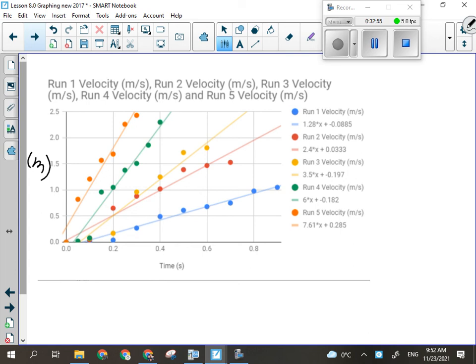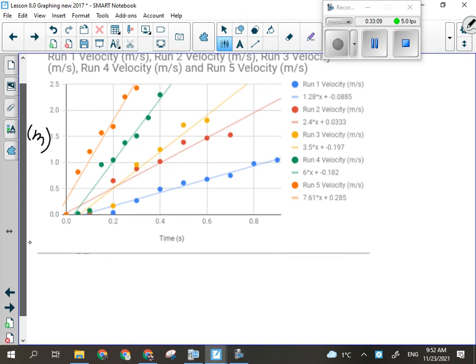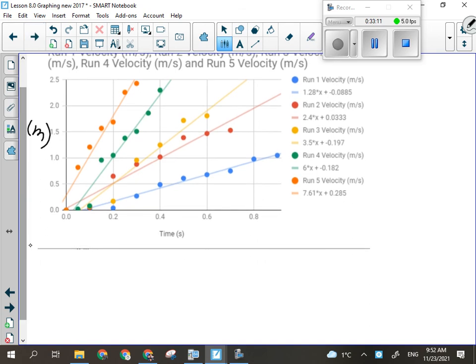Now, what if I was manipulating run 2 so that I showed what the slope equaled? What would that look like? Run number 2 has this equation: y equals 2.4 times x plus 0.0333.